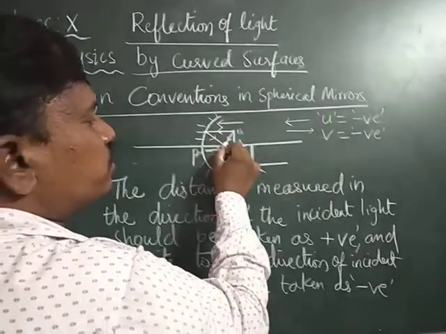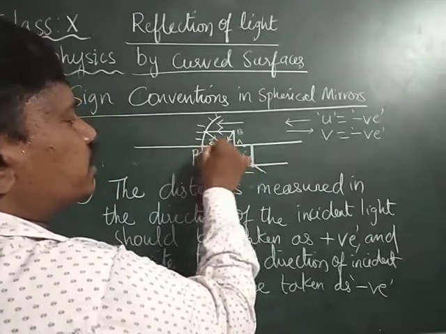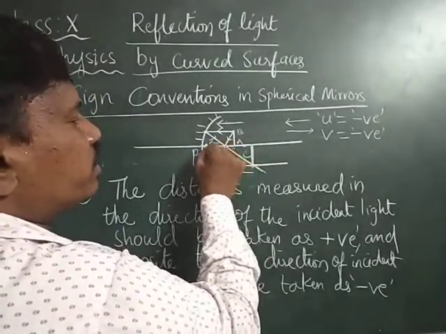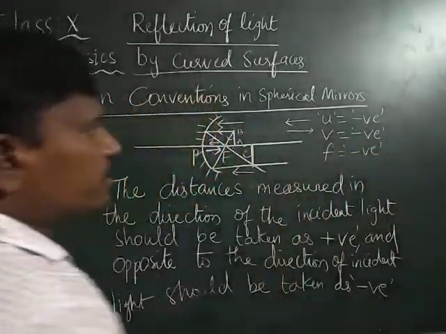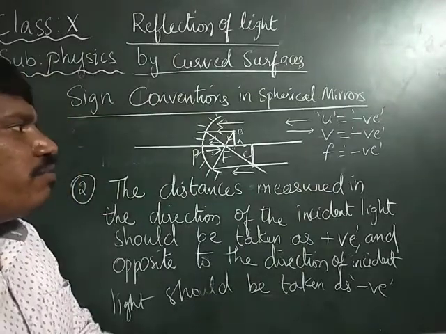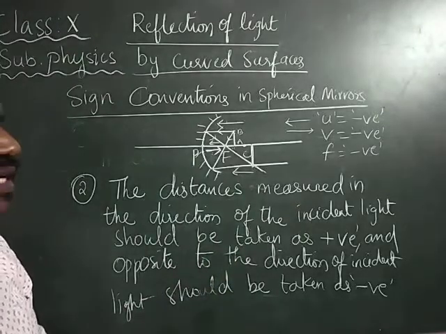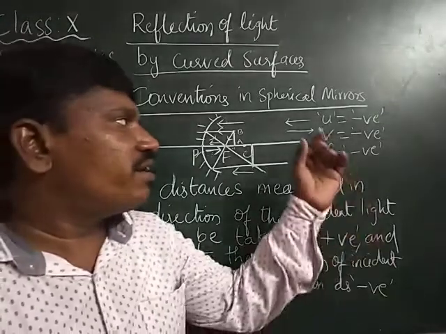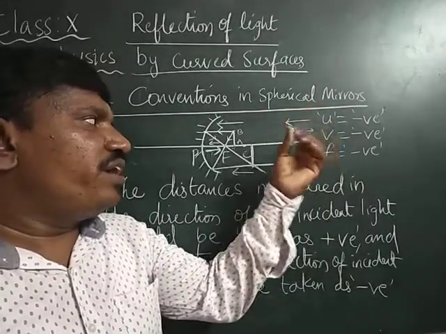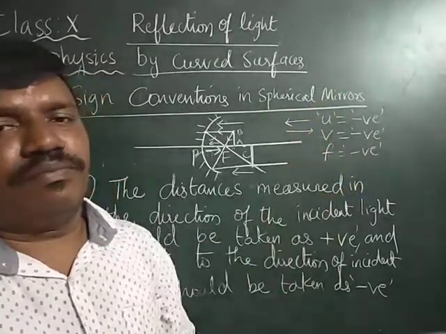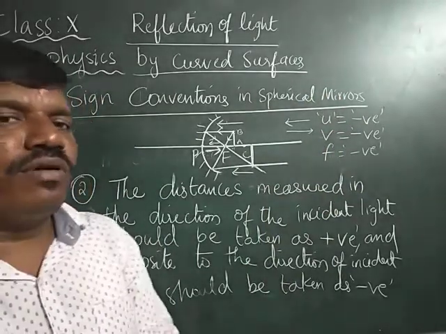When we compare, F is also negative. Therefore, for the concave mirror, U is negative, V is negative, F is negative. In the mirror formula for a concave mirror, all three terms U, V, F are negative.